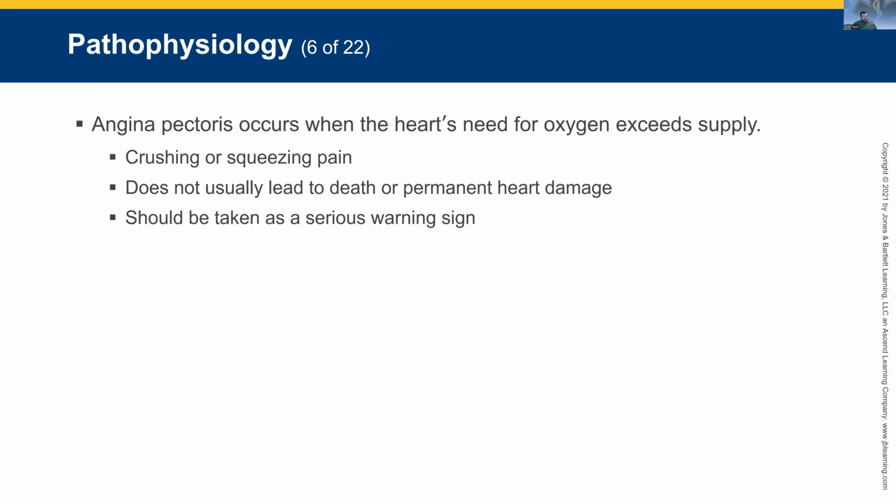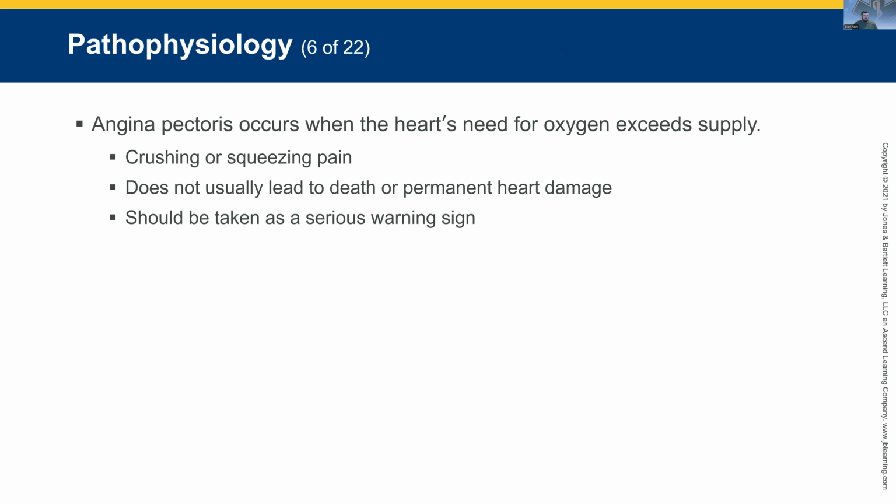So stable angina: when we start having chest pain and we go sit down or slow down and it gets better, that is stable angina. Something made it better. If we're outside working and we have severe chest pain and shortness of breath, and we go in and sit down and take a nitro and nothing helps, that is unstable angina.